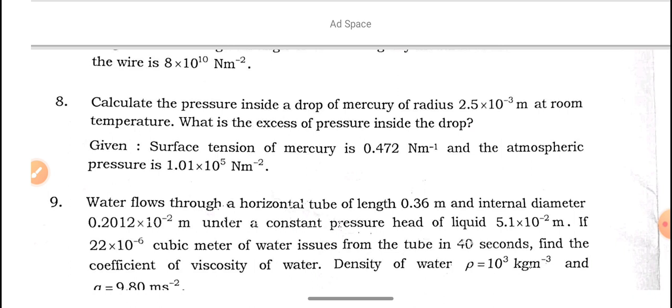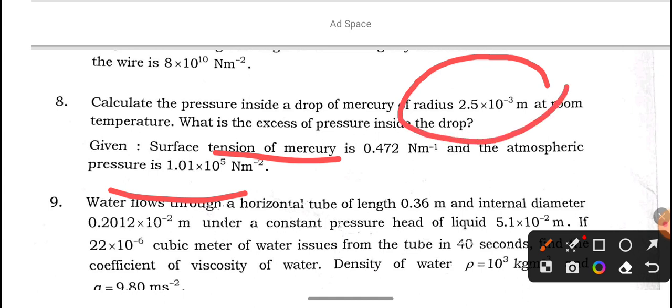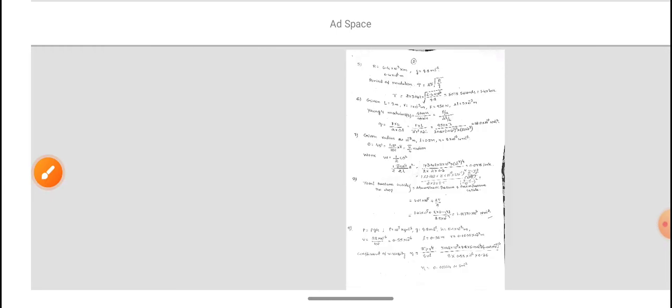The surface tension of mercury is given, and the atmospheric pressure is given as 1.01 into 10 to the power of 5 Newton per meter square. So calculate the pressure inside the drop of mercury.